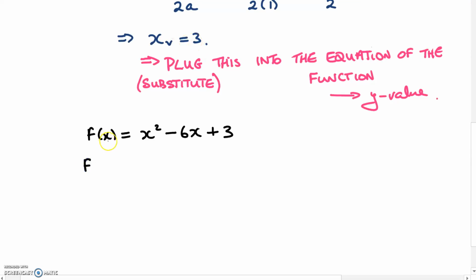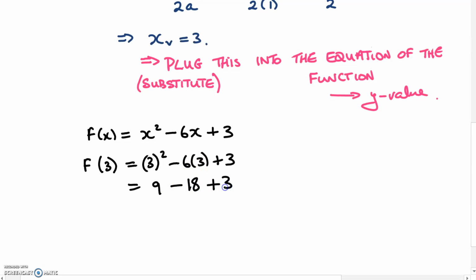So everywhere we have x, we're going to plug in 3. F of 3 is going to be 3 squared minus 6 times 3 plus 3. 3 squared is 9, minus 6 by 3 is minus 18, plus 3. Well, we can add the positives together. 9 and 3 is 12, and 12 minus 18 is minus 6. So in other words, that's the y value of the vertex.